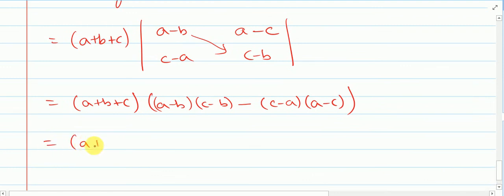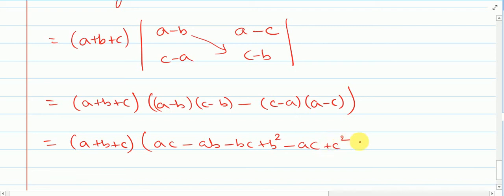So we are getting a plus b plus c, and here this will become ac minus ab minus bc plus b square minus ac plus c square plus a square minus ac. So ac cancelled, ab, okay, sorry, it's not getting cancelled.